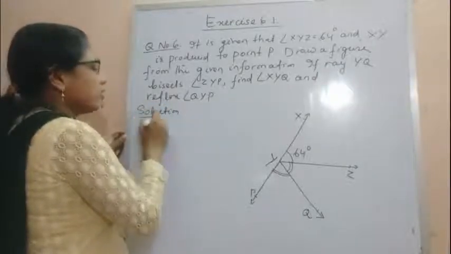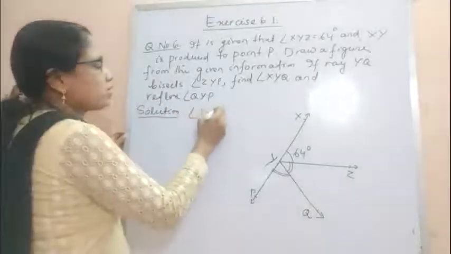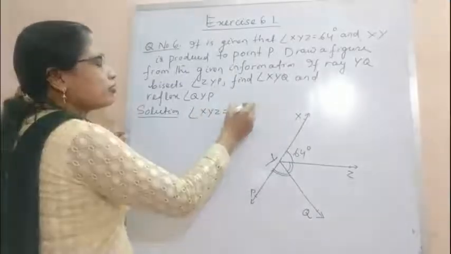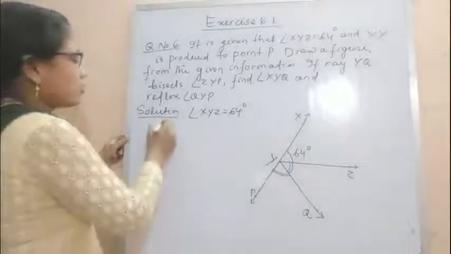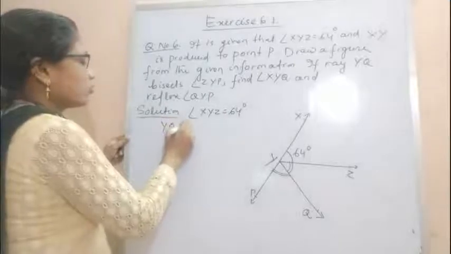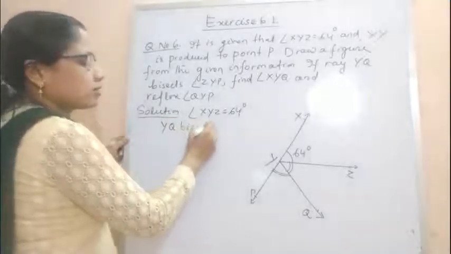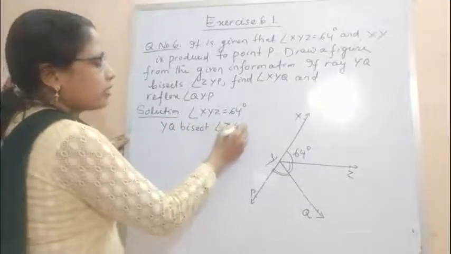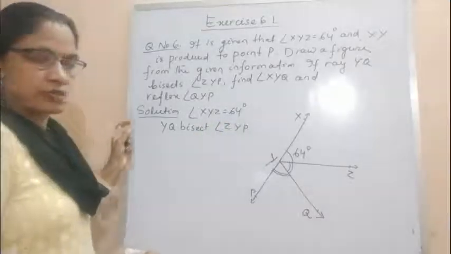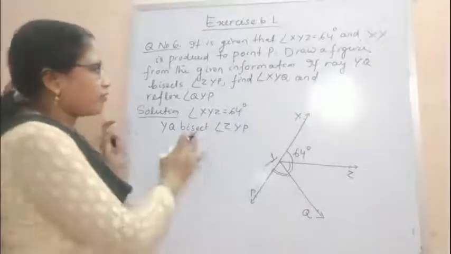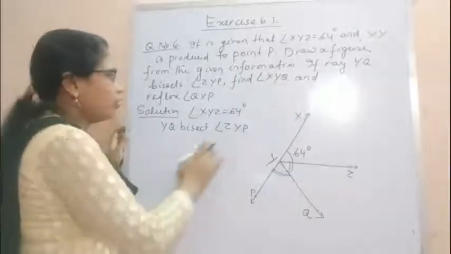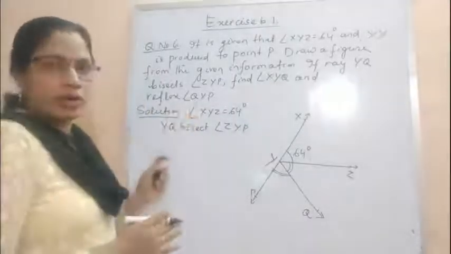So it is given that angle XYZ is equal to 64 degree and YQ bisects angle ZYP.